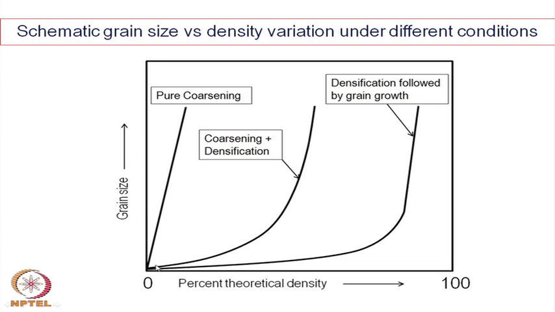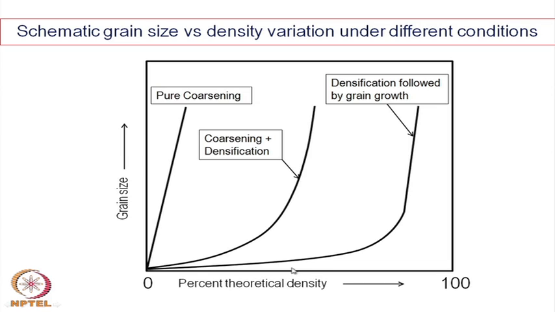If initially the finer particles get coarsened by some process, we will discuss how exactly they can do that, then the grain size increases quite fast without increasing the theoretical density.